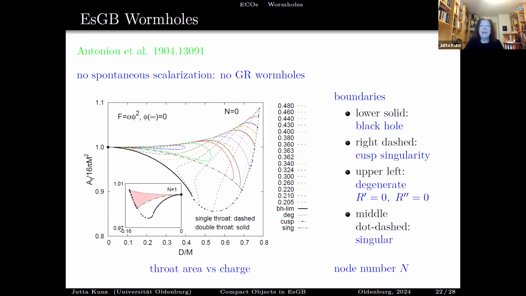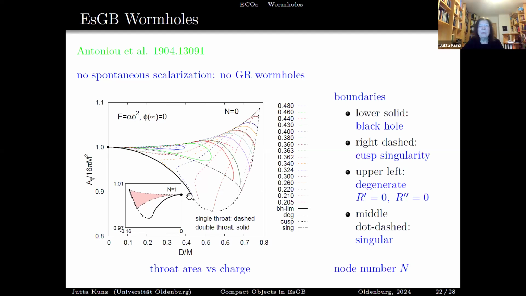We extended our calculations then, when all that spontaneous scalarization came up, to Z coupling functions, and you see basically a very similar picture. This is now with just a phi square coupling, and again, you have here this boundary where we get the double throat wormholes.